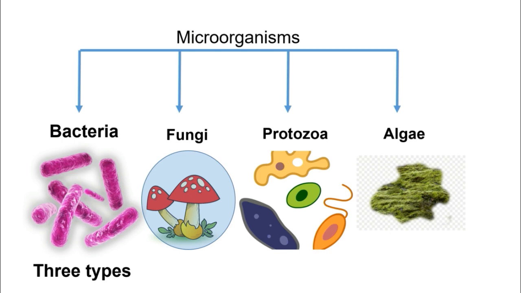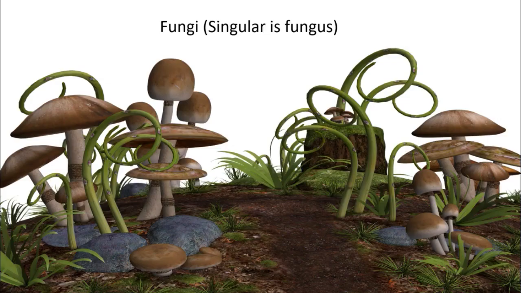Now we shall learn a bit of information related to this type of microorganisms, that is fungi. A visible microorganism in this list is the mushroom, and the singular form of fungi is fungus.